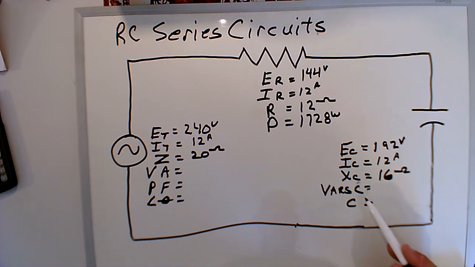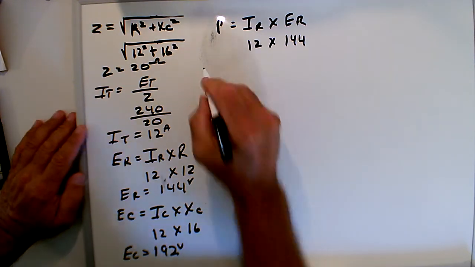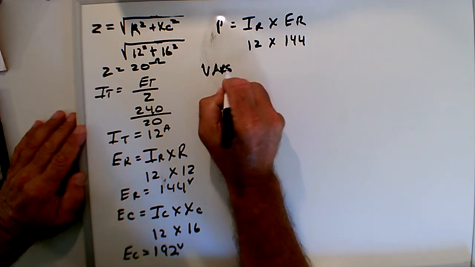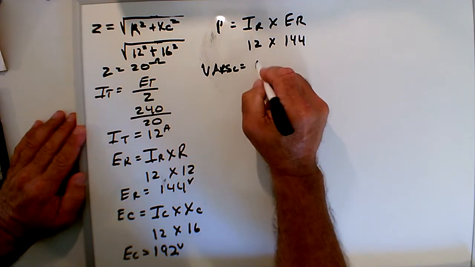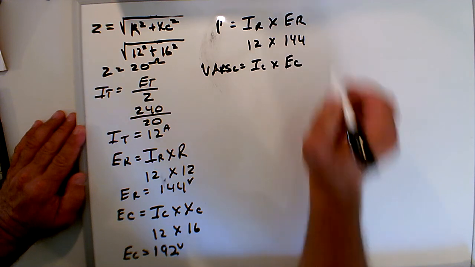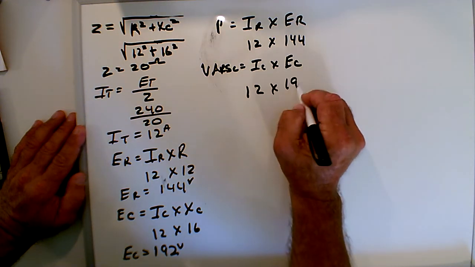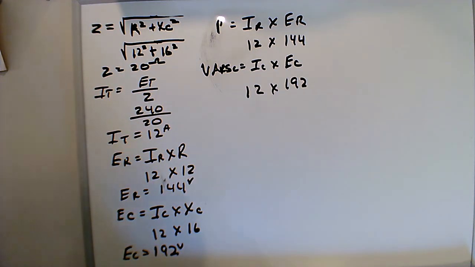1,728 watts of true power across that resistor. Now I can solve for the VARS C, volt-amps reactive of the capacitor. I can use the same formula but change these values, EC and IC. So let's write that down. VARS C is equal to IC times EC, and my IC is 12 times 192, I believe was my EC.